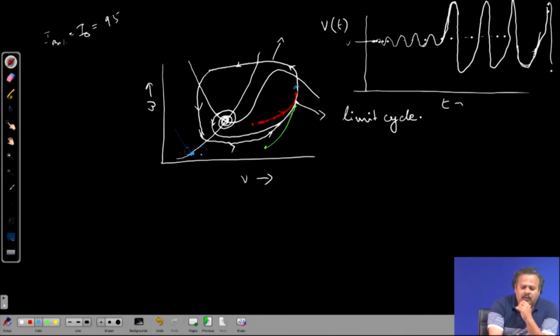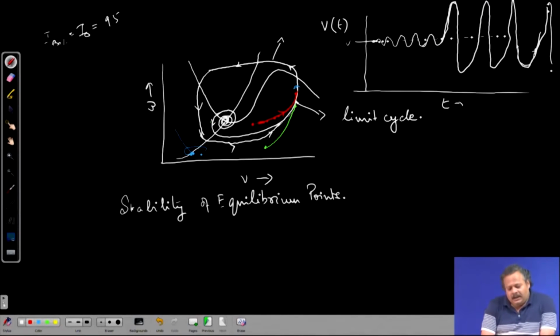So, how do we know a priori, beforehand, given the system, without simulating, whether the system is going to go away from that equilibrium point or whether the system is going to come back into the equilibrium point? For these very ideas, it is formalized by looking at the stability of the equilibrium points. We can determine the stability of the equilibrium point by linearizing the system close to the equilibrium point.